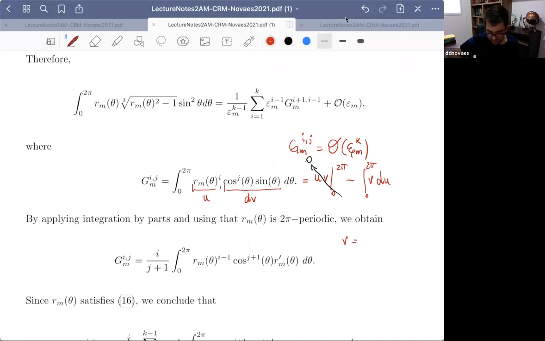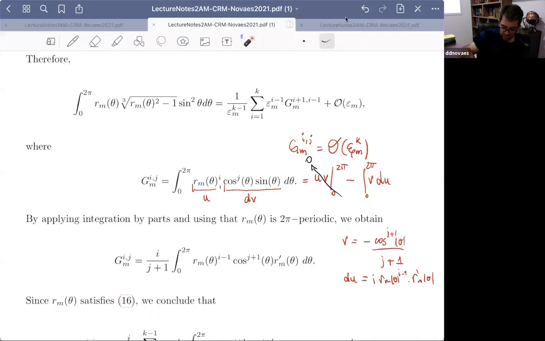V, the integral of the primitive of this function is given by cosine j plus 1 of theta divided by j plus 1, with a minus sign, and the derivative of this function u is just i that multiplies Rn of theta i minus 1 R prime n of theta. Okay, so that's what I'm writing here.